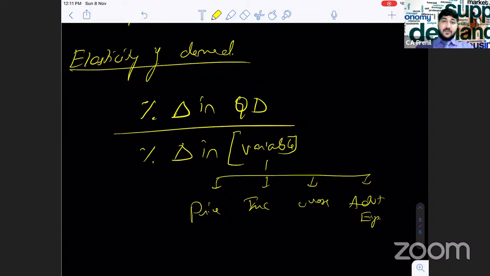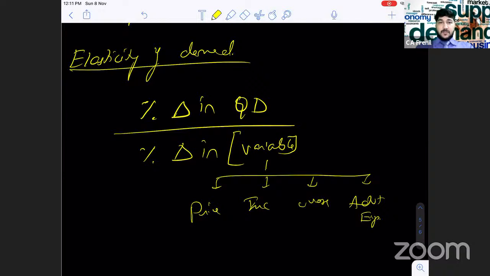How many types of elasticity are there? Do you remember something called point elasticity? Point elasticity. Arc elasticity. You remember arc elasticity? Thank God that some of the replies are positive and they're saying that yes, we remember. Okay, good, because you have to remember, because the crux of the chapter is this.